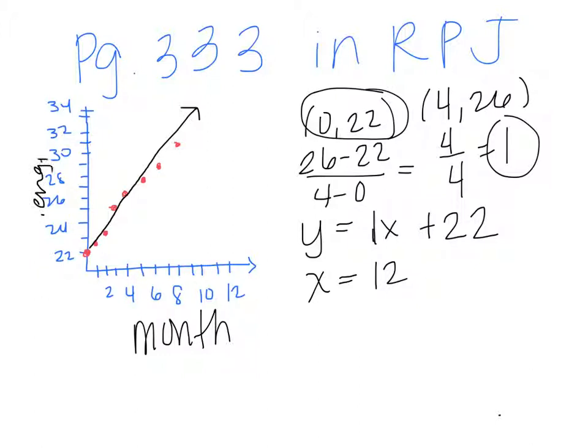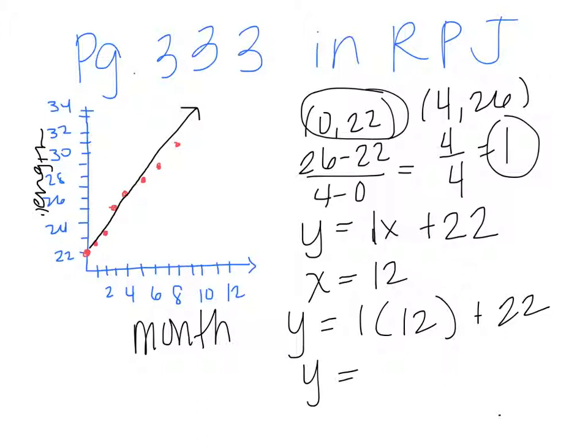Month and length. So I'm just going to do y equals 1 times 12 plus 22. So y equals 34. So in about a year, it will be 34 inches long.